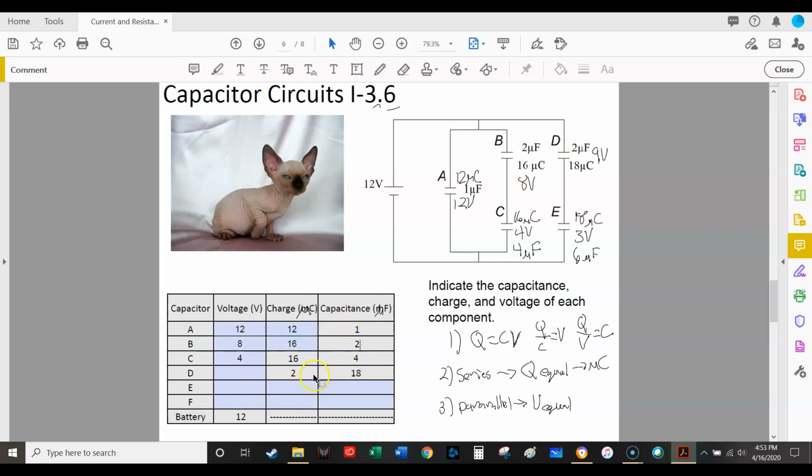D has, wow, I've got that backwards. This should be 18, and this should be 2. I'll fix that in your notes so you don't see this.